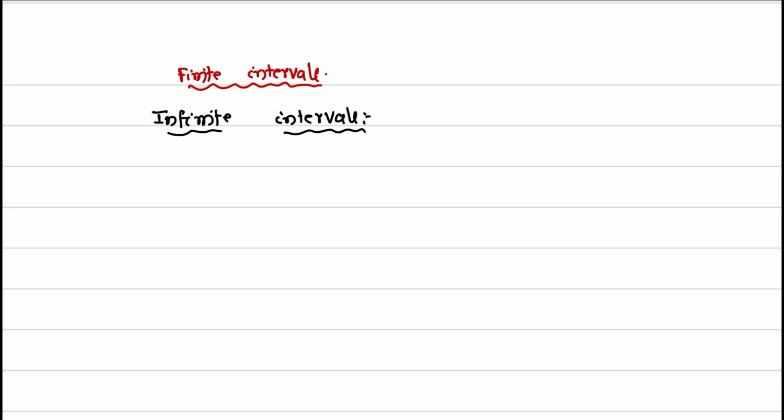Let us say there is an open interval on the left hand side at A, and on the right hand side it is an open interval with infinity. That means the real line is going from A, let us say the origin is O, this is at point A, and it goes. The right hand side point is not defined. It goes up to infinity.